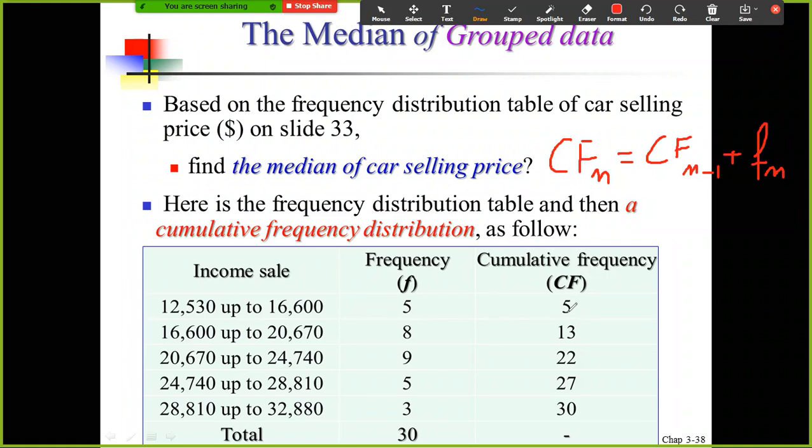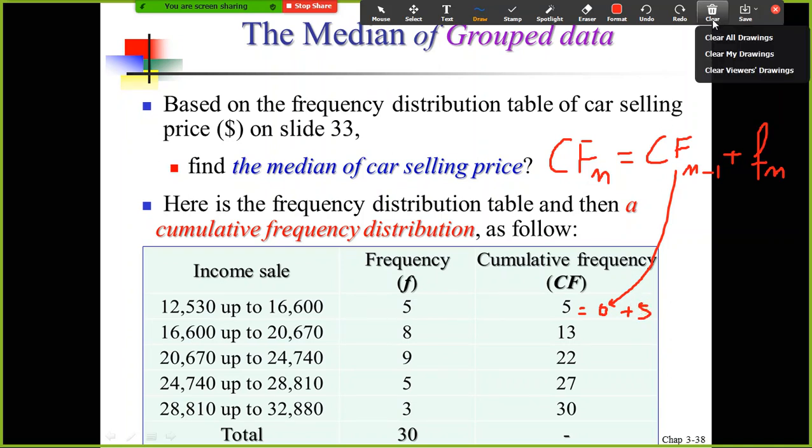How to find 5? Here n equals 1, CF1 comes from CF of n minus 1, which should be 0. It could be 0 because we don't have class 0. That's why 0 plus frequency of class 1 is 5.